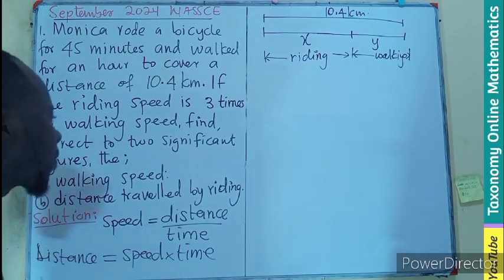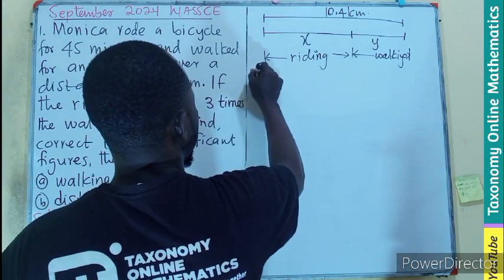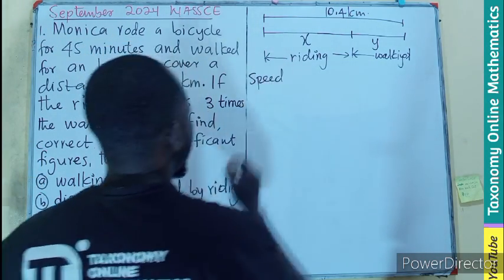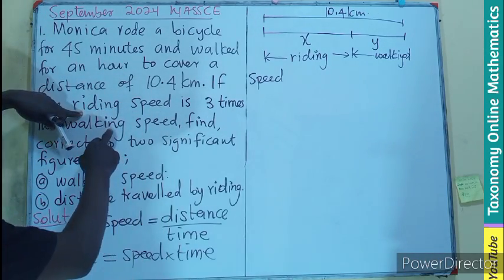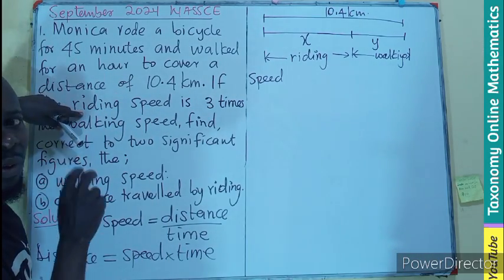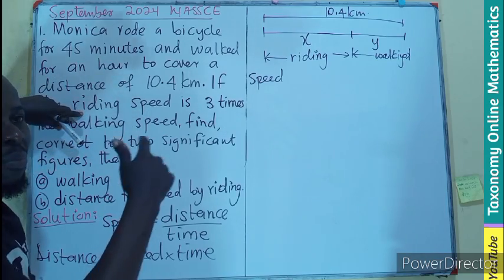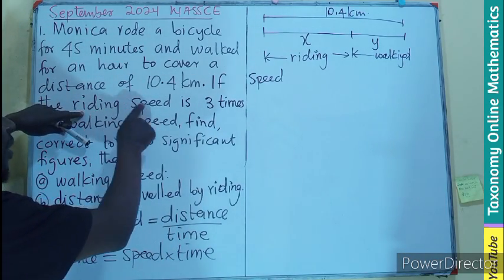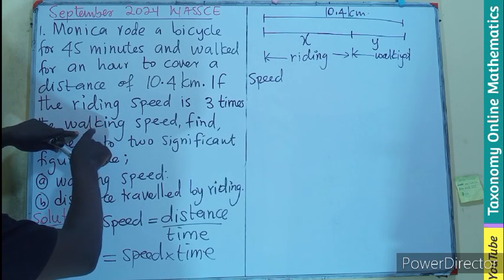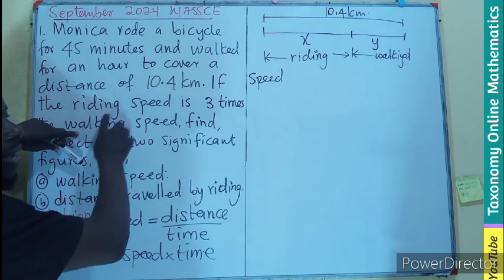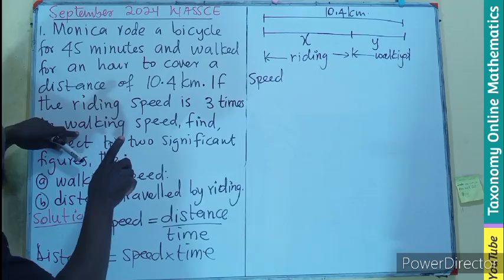So let's see. If we check between the riding speed and the walking speed in this sentence, which one do you think is going to be the bigger one? If the riding speed is 3 times that of the walking speed, it means that if I know the walking speed, times 3 will give me the riding speed.